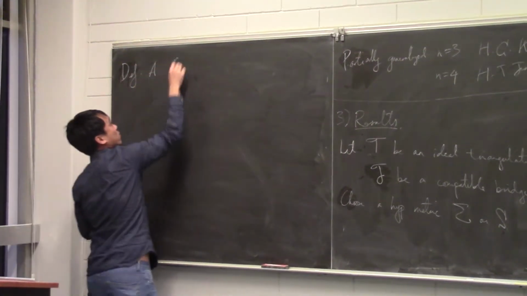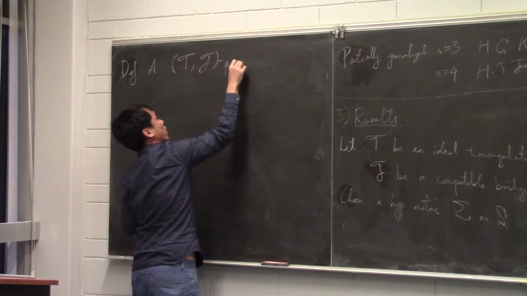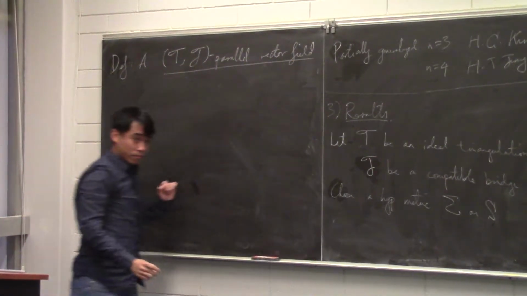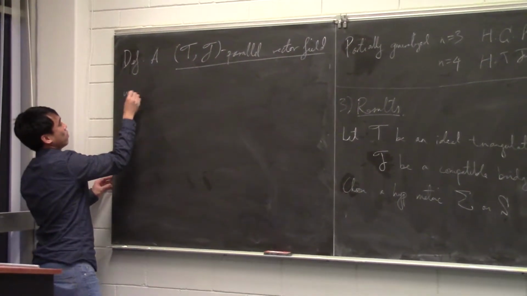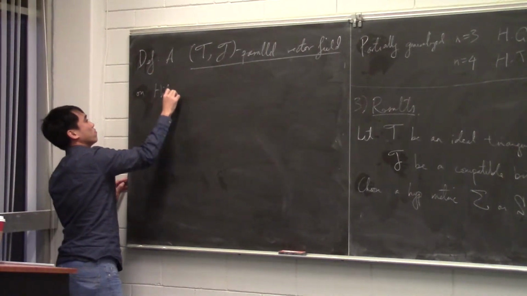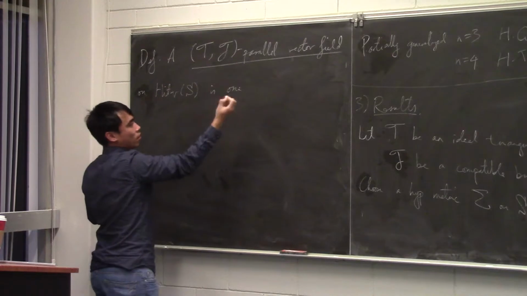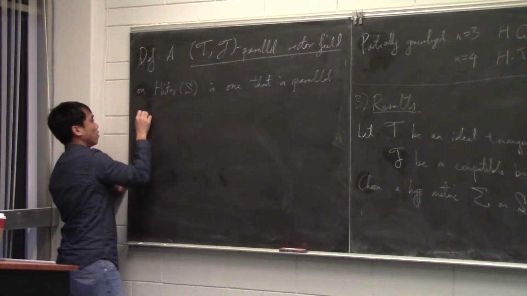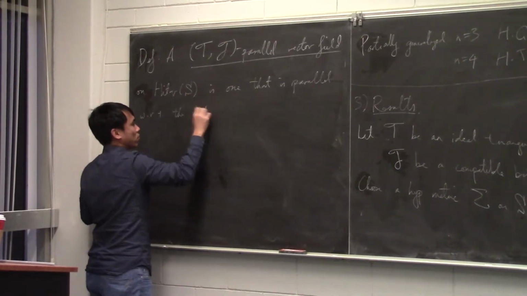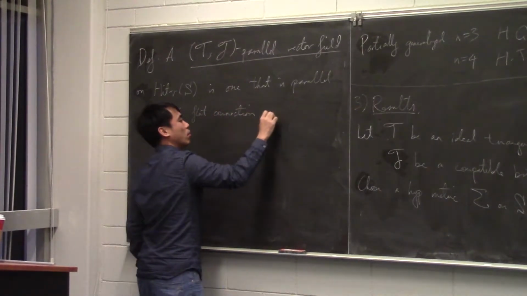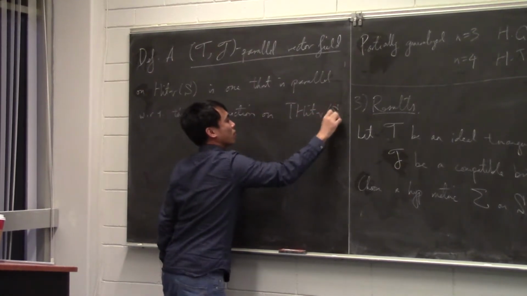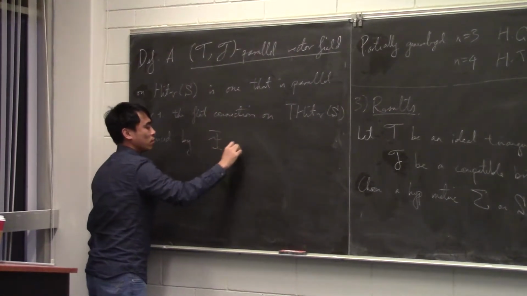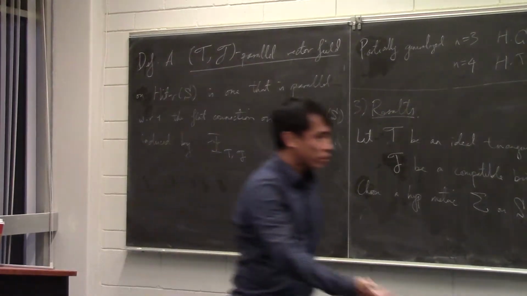A Tj parallel vector field on the Hitchin component is a vector field that is parallel with respect to the flat connection on the tangent bundle to the Hitchin component induced by this symplectic trivialization CTJ. Okay, so what am I really saying here?